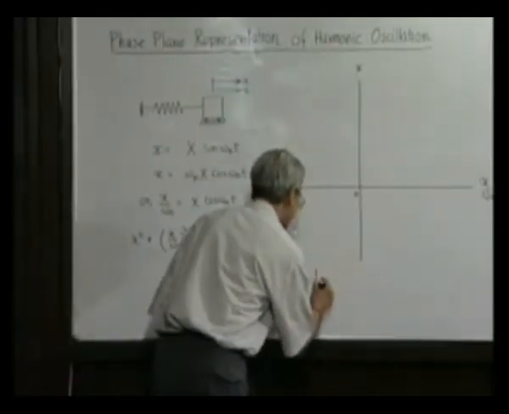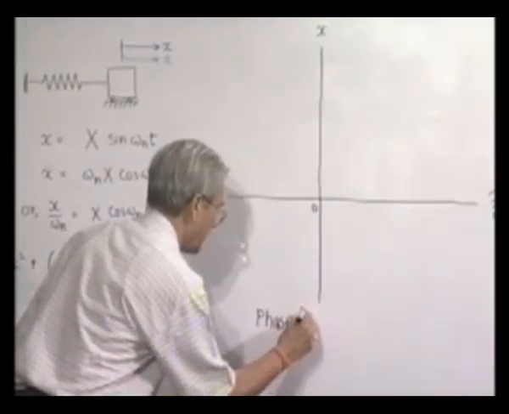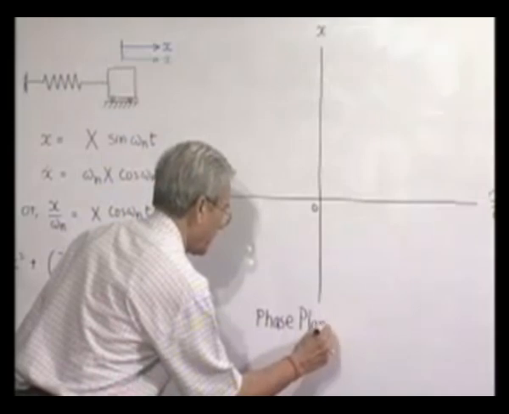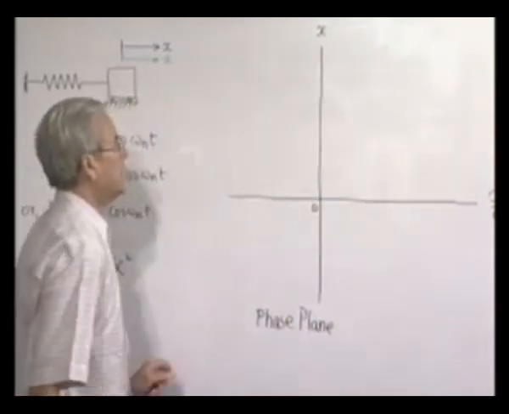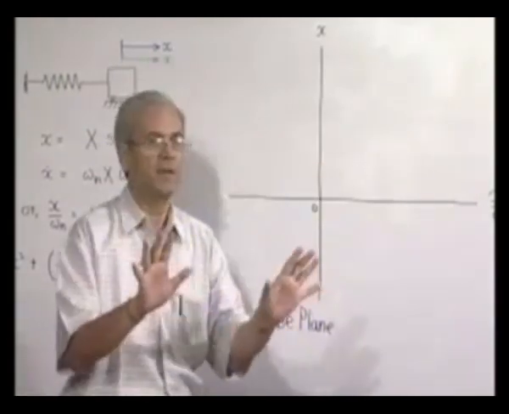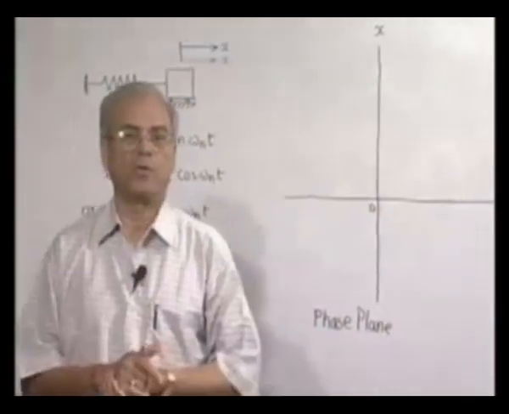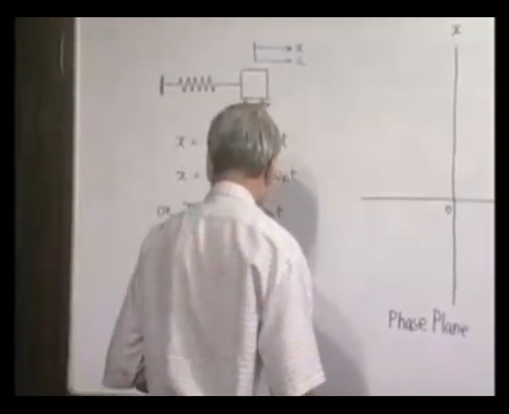Why phase plane? Because every point here identifies what is the position and what is the speed. That means the phase or the state of motion of the system. That's why it is called a phase plane.